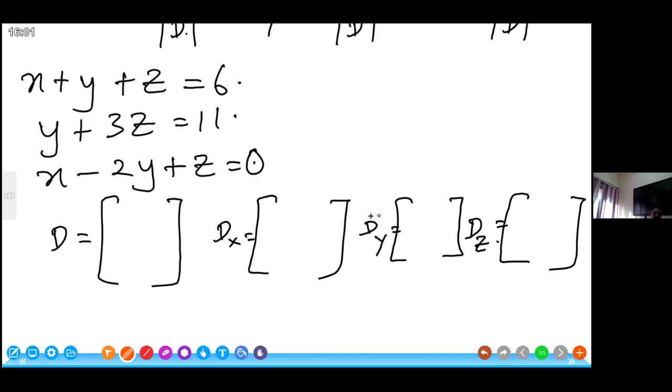Tell me the matrices. What is the D matrix? Tell me row wise.